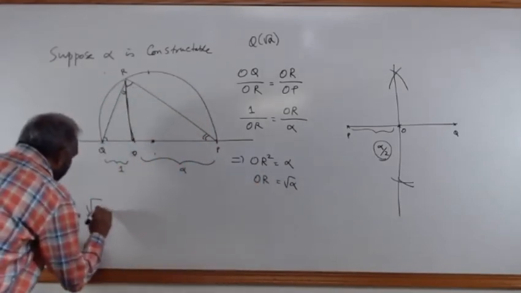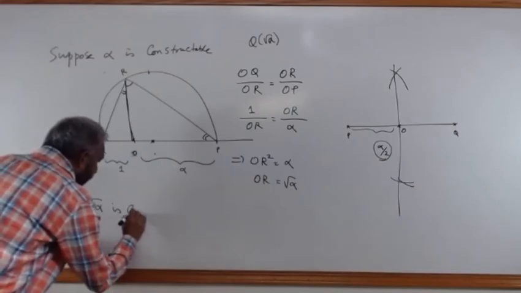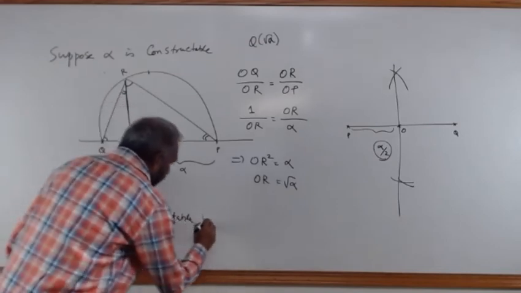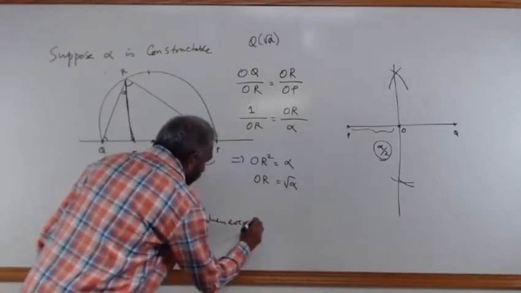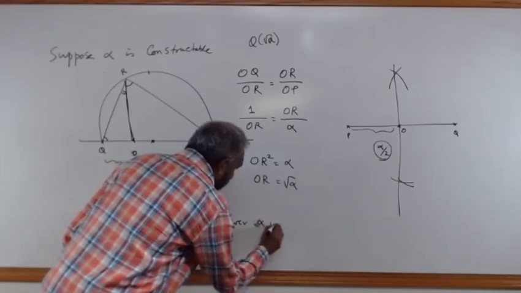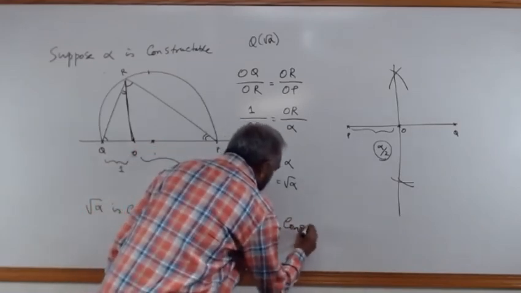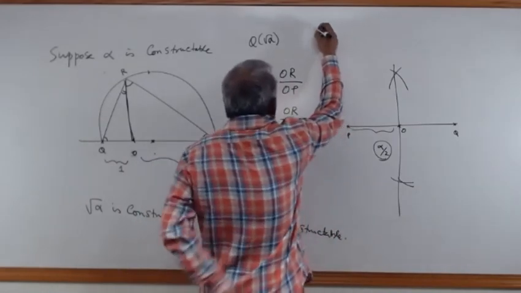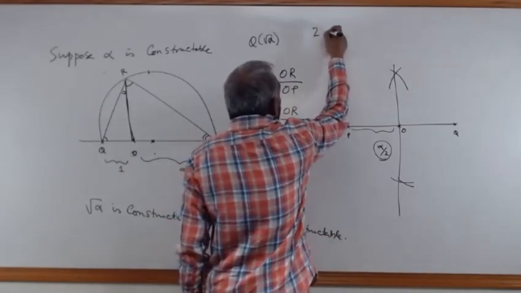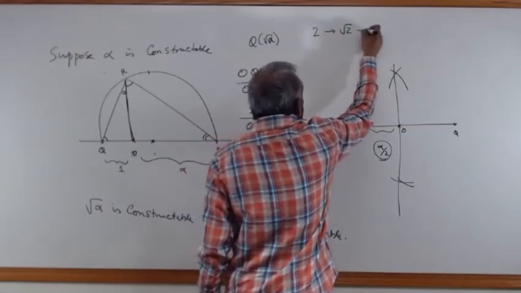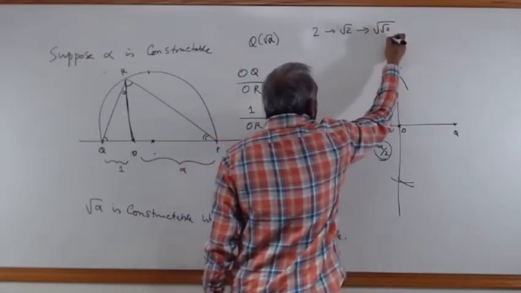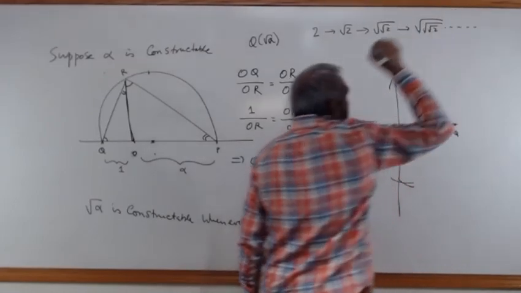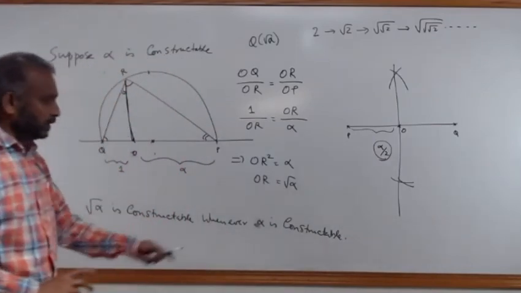So root alpha is constructible whenever alpha is constructible. What does that mean? You can construct 2, so you can construct root 2, so you can construct root of root 2, and it goes like this. That's what it means.